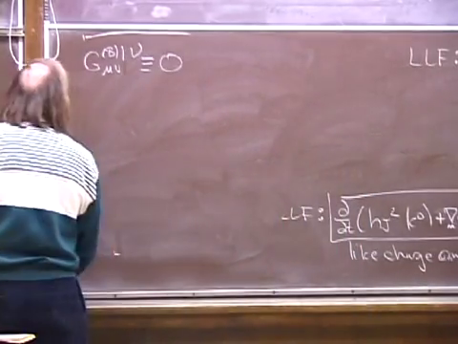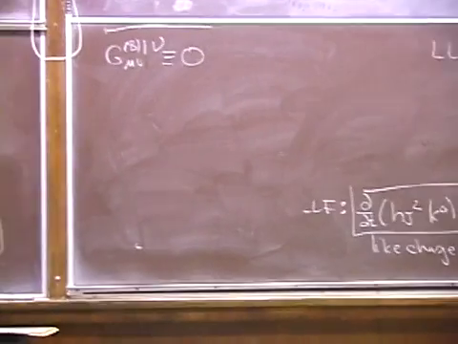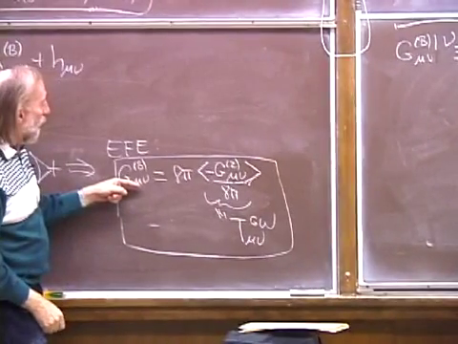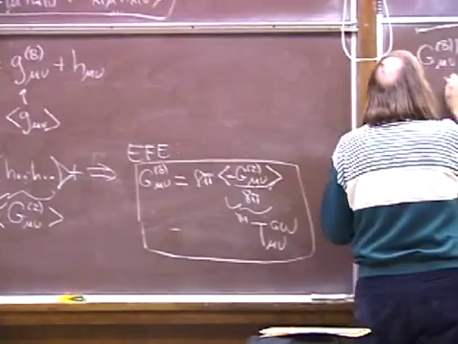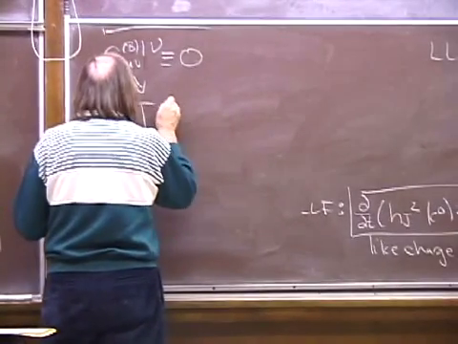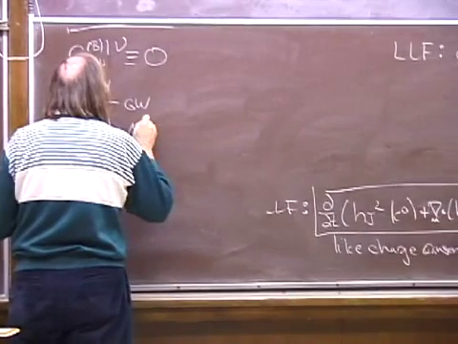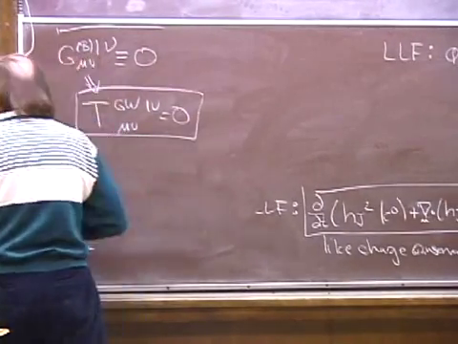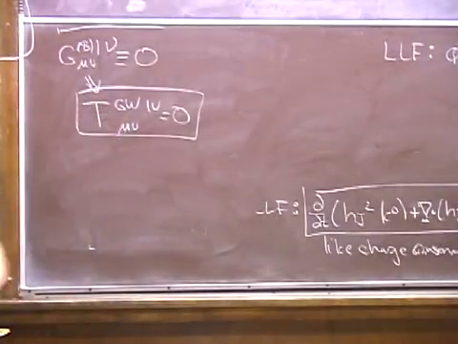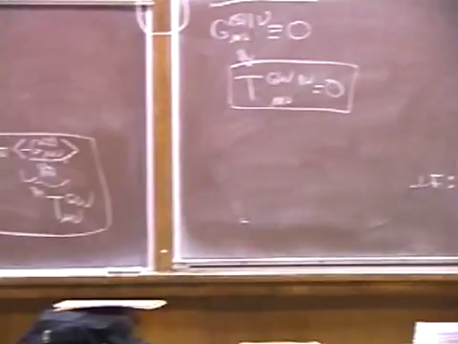And this implies then, by virtue of this way of writing the Einstein equations, as a consequence that T gravitational wave mu nu slash nu is equal to 0. That in vacuum, this is all done in vacuum, the energy and momentum of gravitational waves are conserved.